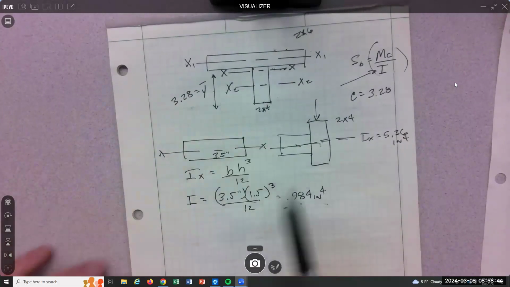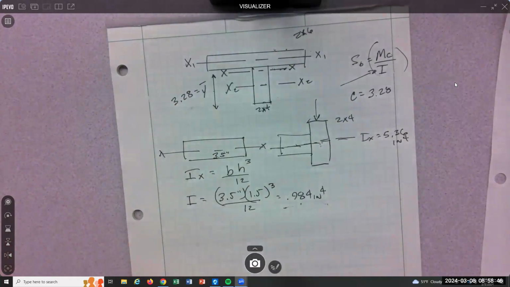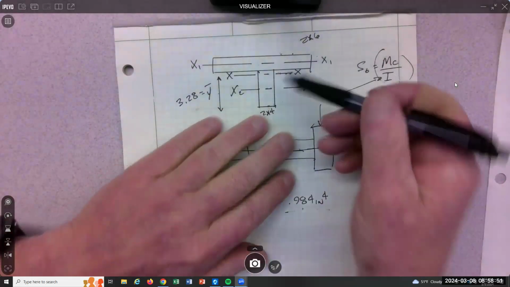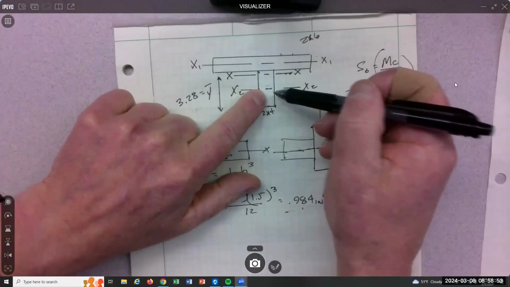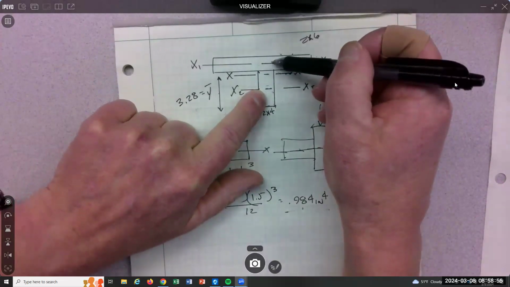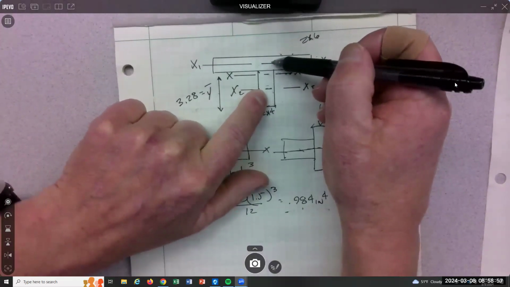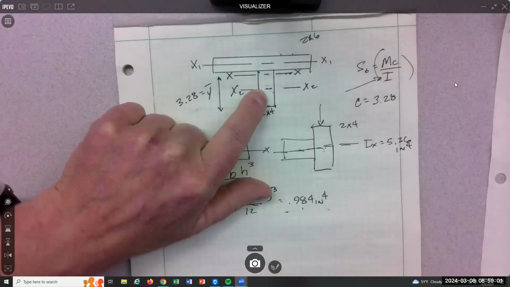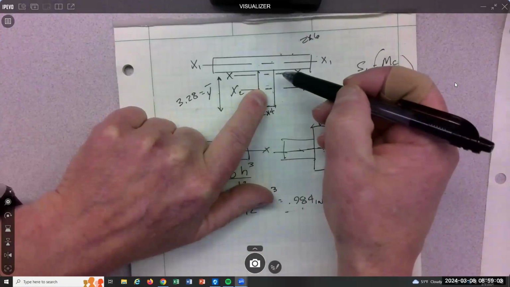The problem happens when the axes do not line up. So back to this thing, here's the axis for the bottom shape. Here's the axis for the top shape. They do not line up, right? So where we want the inertia is here.